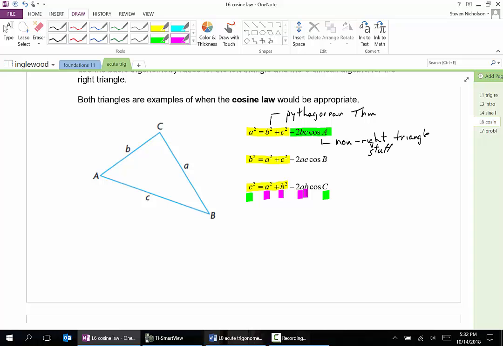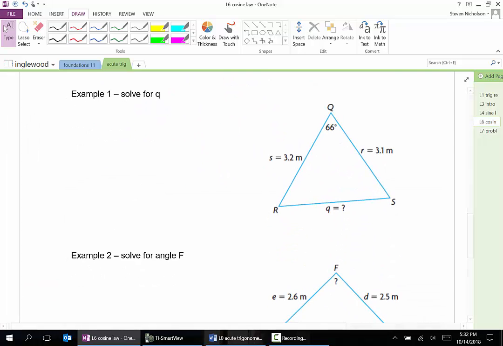This formula is actually really easy to use. There are only two kinds of questions you need to be able to answer: find a side and find an angle. The angle is a little trickier algebraically, but as long as we don't make the common logical mistake, it's quite easy to solve. I'll try to point out the algebra in example number 2.